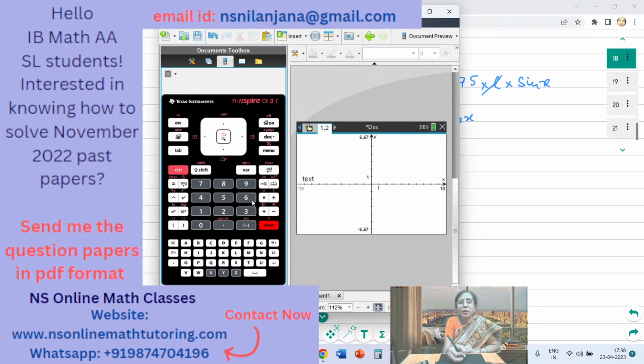So let me first of all get the two graphs. 175 times sine x. Enter. I have got this one, but where is the other one?